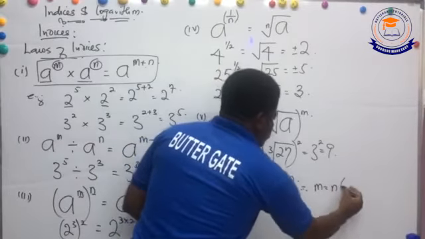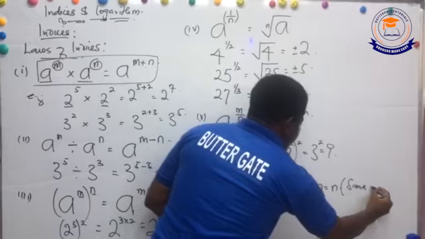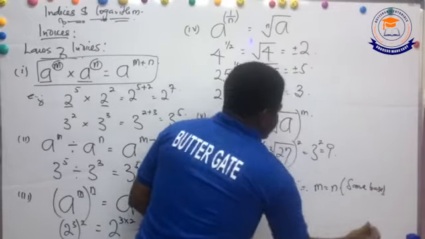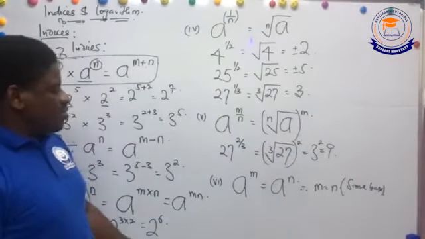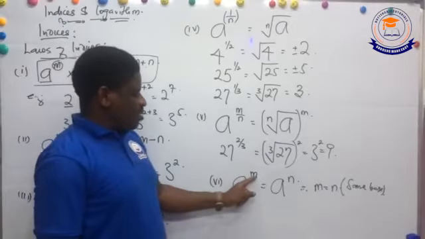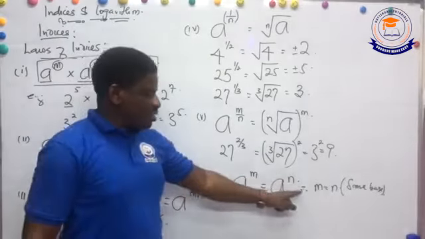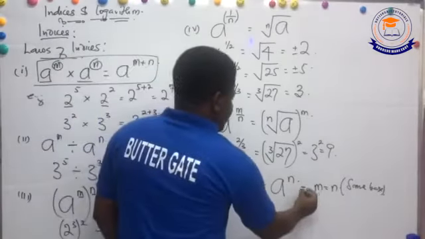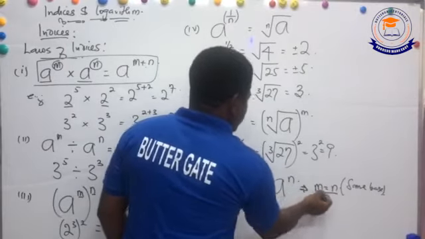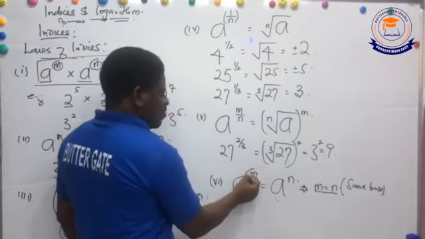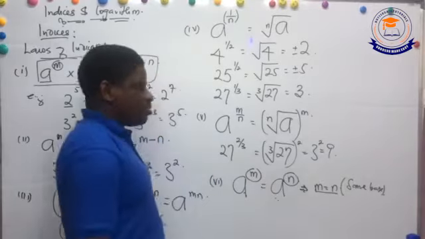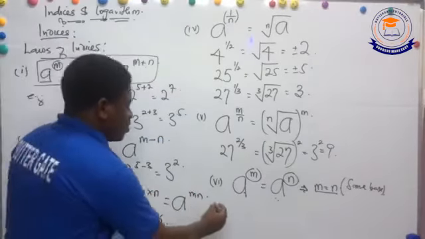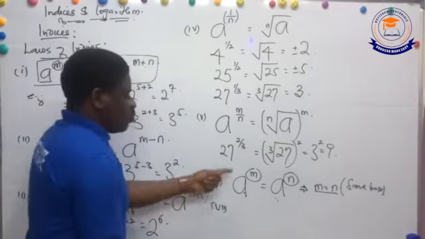N. What's the reason? You say same what? Base. If you have a raised to the power of m is equal to a raised to the power of n, it implies that m will be equal to n because the base is the same, therefore the powers will be the same. And the seventh one is similar to this.